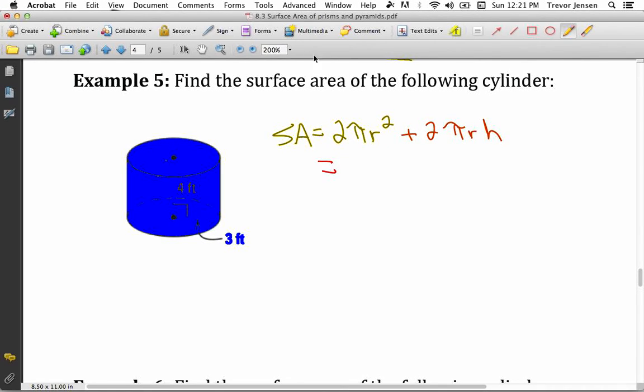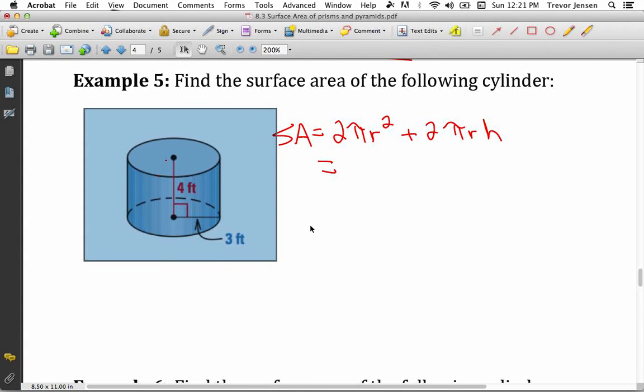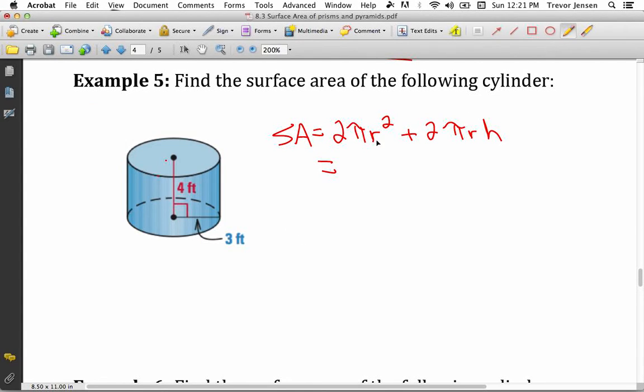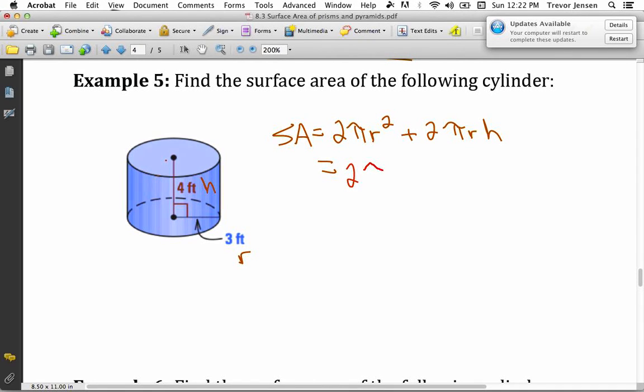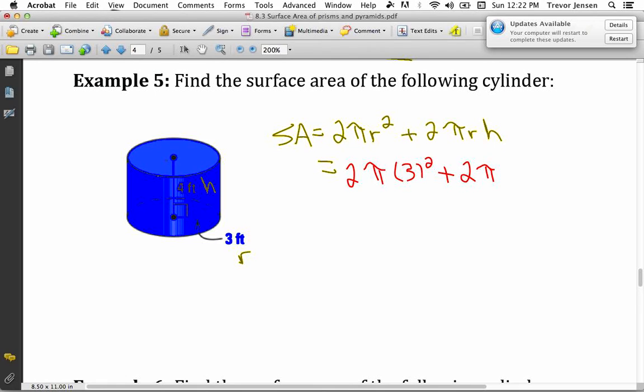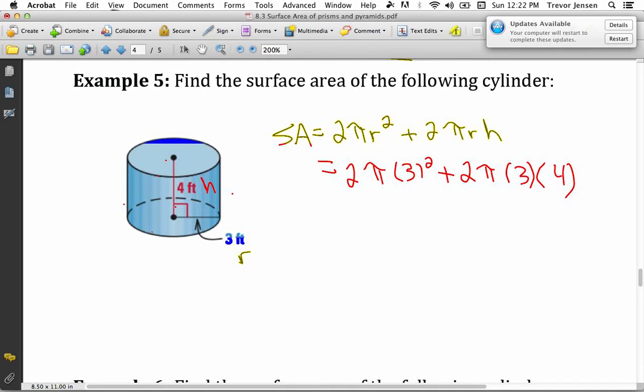Now, all we have to do is figure out what we know about our cylinder. The only 2 variables we need to know are the radius and the height of the cylinder, and it gives us both. Here's the radius of the circular base, and here's the height. Plug in what we know. So 2 times pi times 3 squared, plus 2 times pi times the radius, 3, times the height, 4.